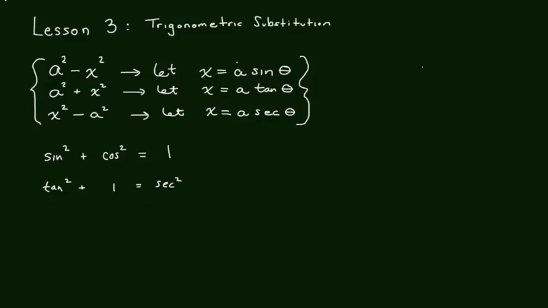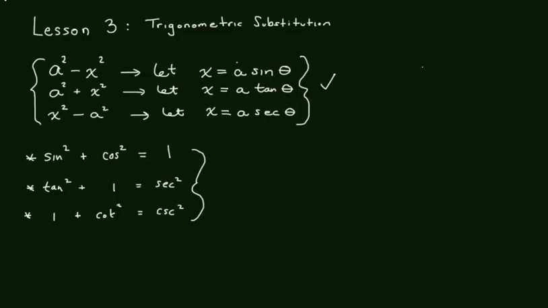So there's another identity. Go back to the original and divide every term by sine squared, and we get 1 plus cotangent squared equals cosecant squared. So we have 3 additional identities. These are identities that you should know, and these are new substitutions that you should memorize.